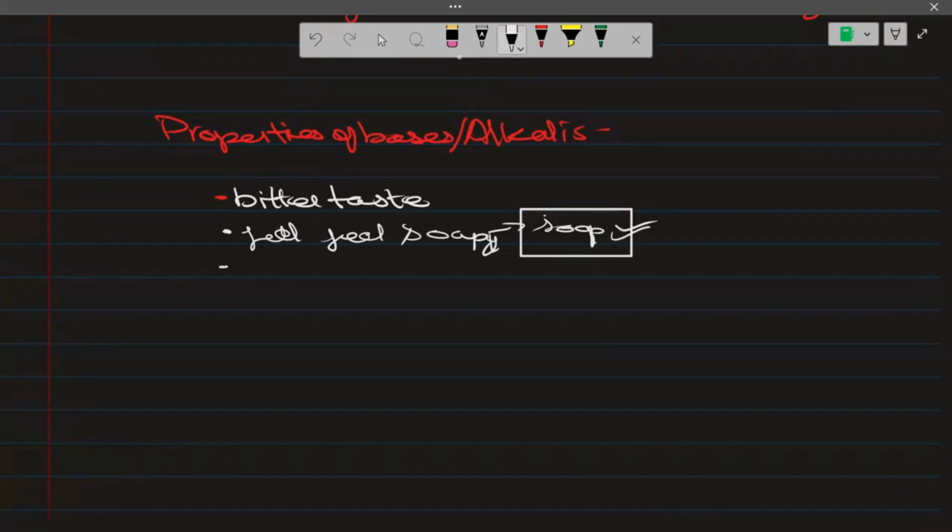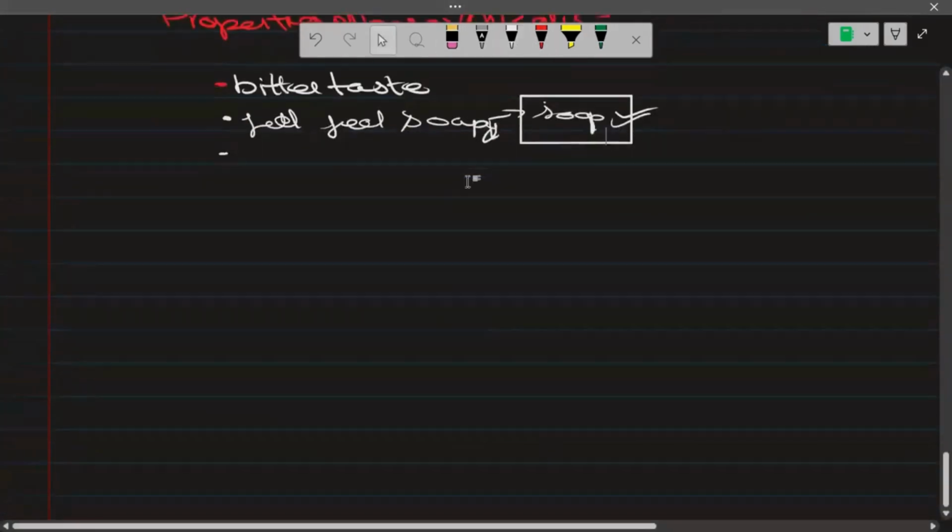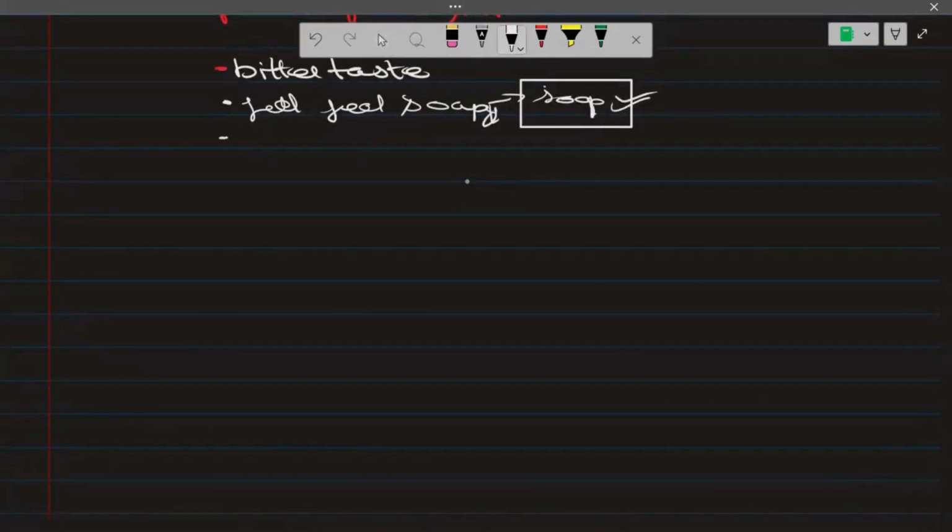Now what's the third property of alkali? It turns moist red litmus blue. That's also a property of an alkali or a base. How do we determine if it's a strong base or a weak base?